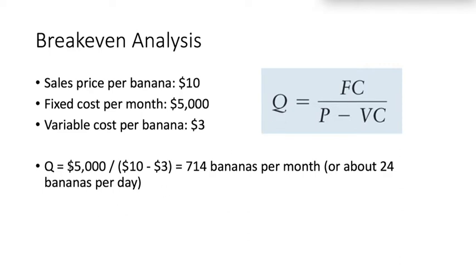So it's $5,000 divided by 10 minus 3, or 7. And that gives us 714. So that means that the banana stand has to sell 714 bananas every month just to break even, right? To start becoming profitable. And so that's about 24 bananas per day.